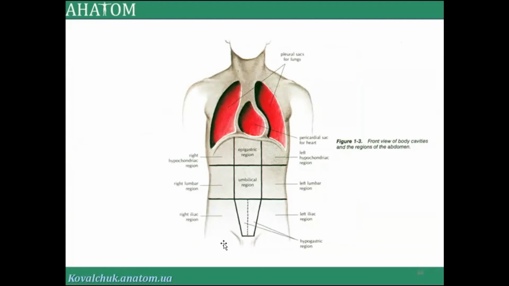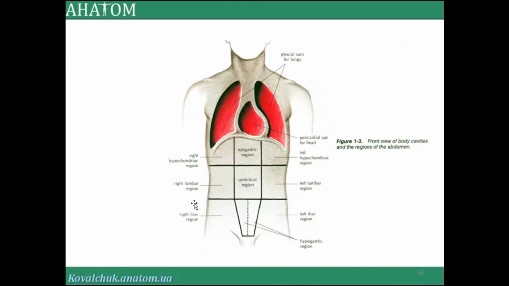And if you look at different atlases, look first at what the correct number and names are here. And if it's the iliac region, left, it's right. What name is correct for this region? Hypogastric. Iliac region. No, it's not correct.